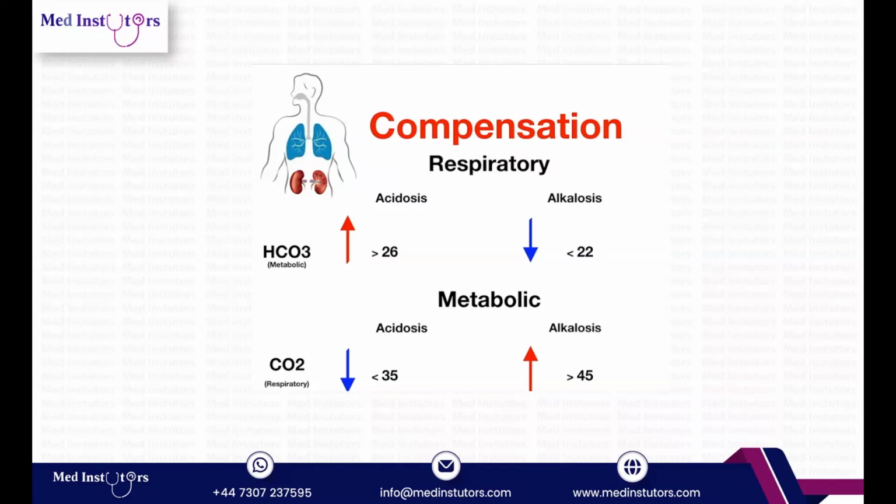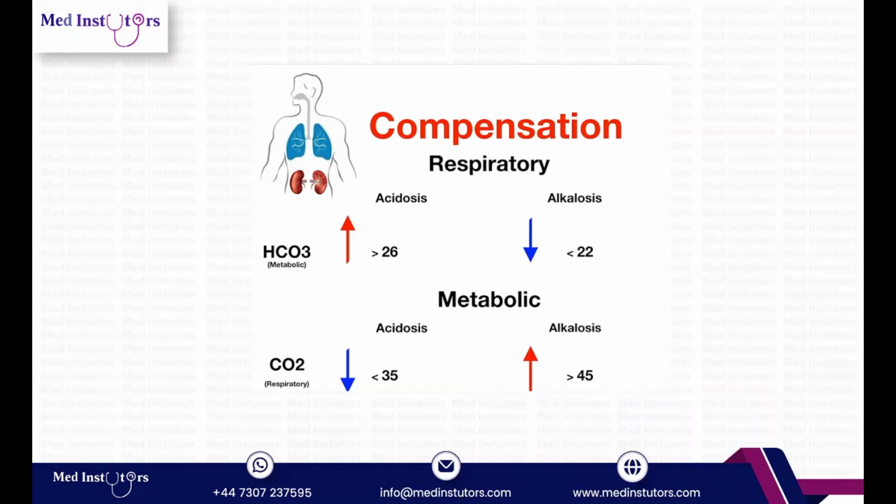It depends on the scenario. Like for alkalosis, if alkalosis is of metabolic origin, that means the problem is with the kidneys. There is more base in the blood, more and more bicarbonate ion.